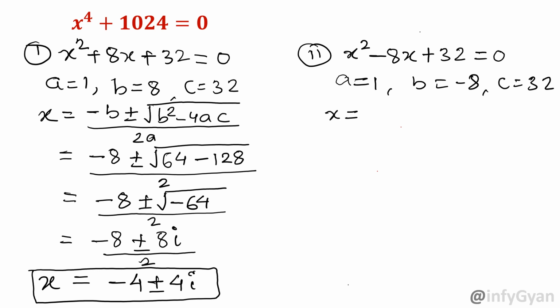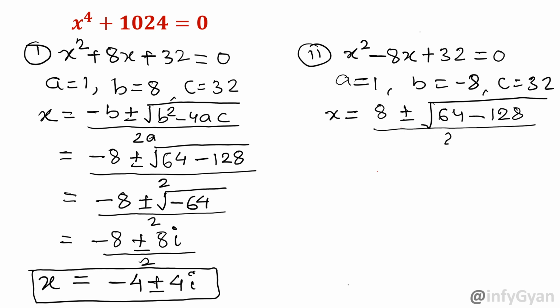X will be equal to minus B is minus of minus 8, so plus 8 plus minus square root B square means 64, minus 4 times 1 times 32, again it will come out 128, divided by 2A, A is 1, so 2. Again same thing will come out, 8 plus minus square root minus 64 over 2.